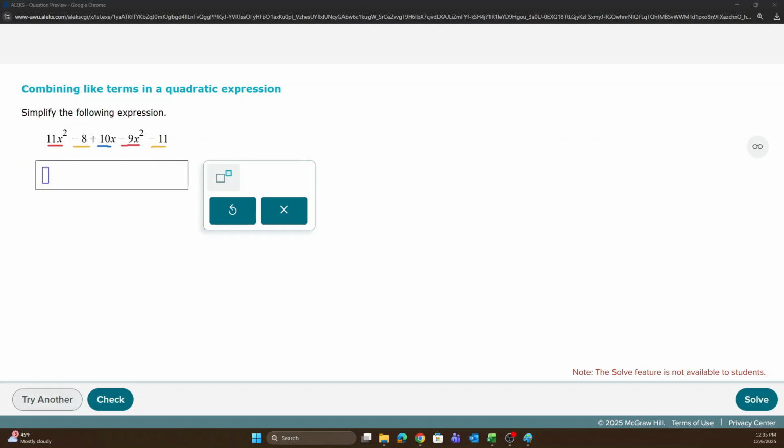Now looking at these, we have the 11x squared and the 9x squared, but this is a minus 9x squared. So that leaves us with 2x squared. Then we have the plus 10x, nothing else to combine with that. And then we have the minus 8, minus 11. When we put those together, we get a minus 19.